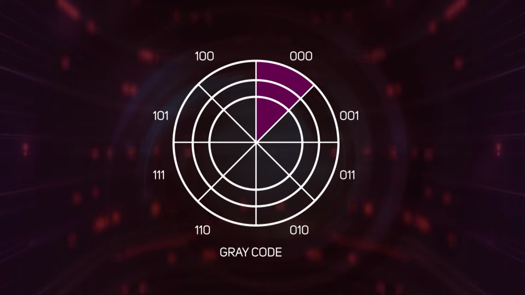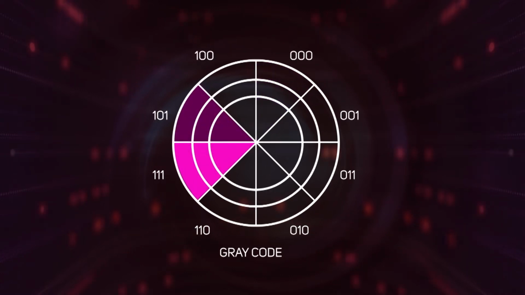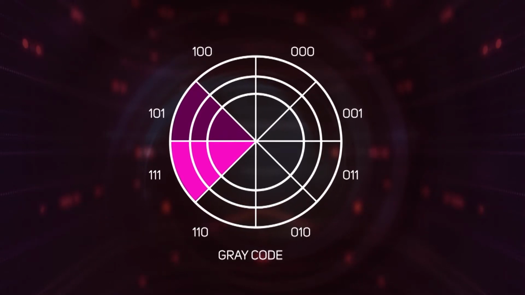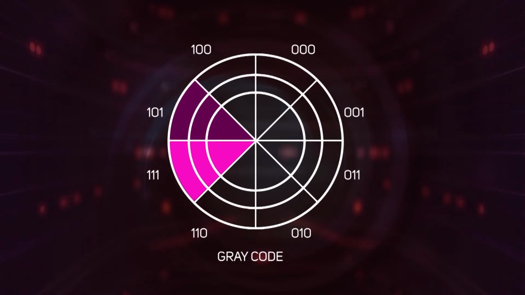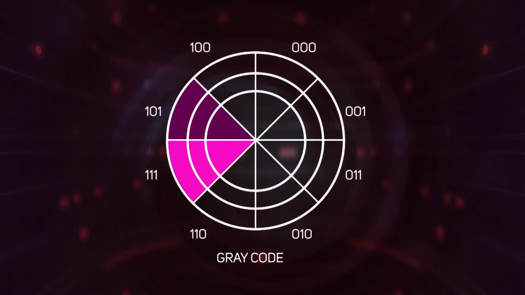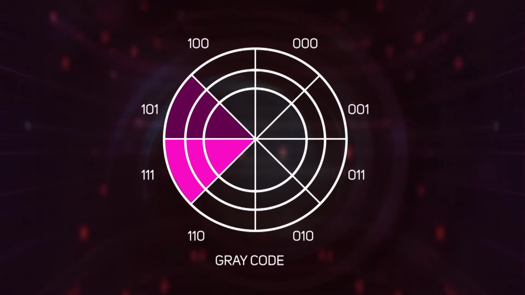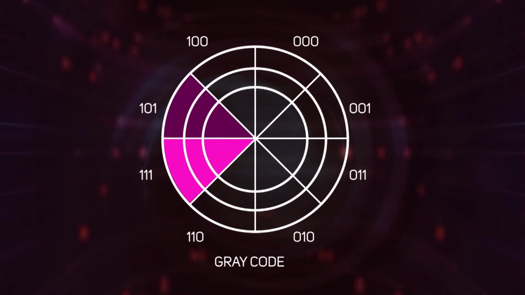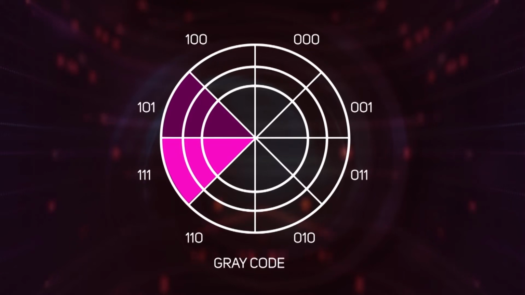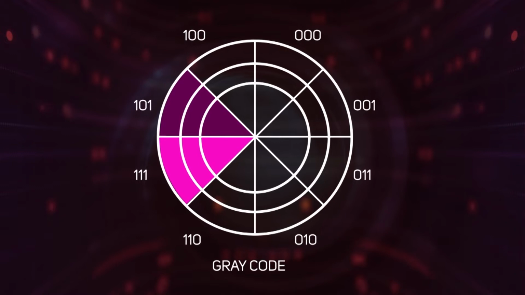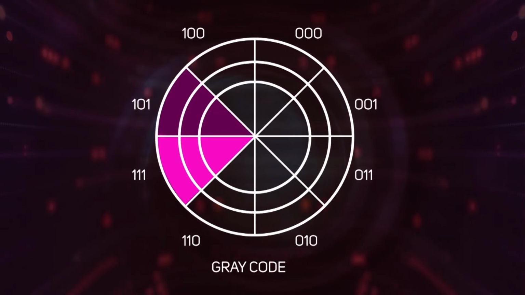If a transition from sector 111 to 101 occurs, note that 111 and 101 are adjacent numbers in gray code, and even if the sensor is delayed, it produces either 111 or 101 because only a single bit has to be changed. Either the bit changes or it does not change. The only possible outputs are 111 or 101.